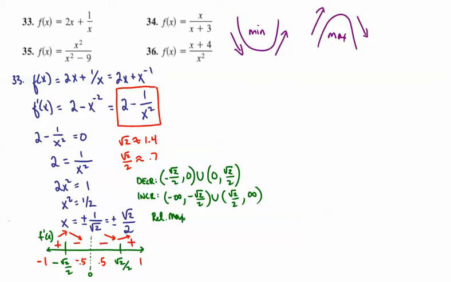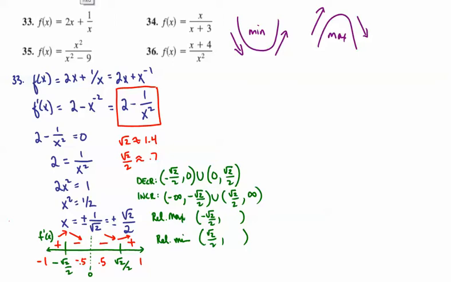Relative max at negative root 2 over 2, and a relative min at positive root 2 over 2. Is it easy for us to figure out what the y values will be there? We have x is negative root 2 over 2.